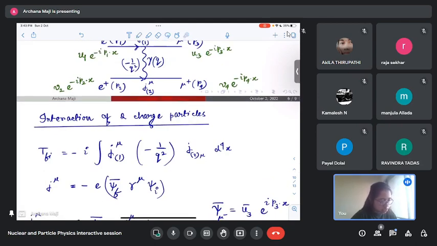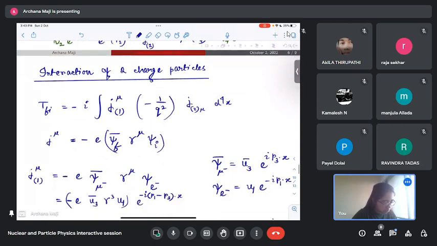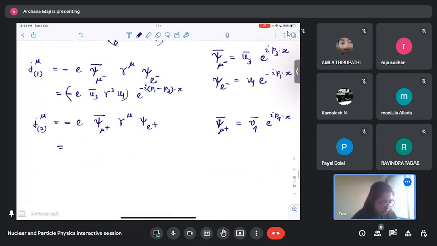Note this is the wave function for mu plus: v4 bar exponential plus i p4 dot x, and psi for the positron is v2 exponential minus i p2 dotted with x.